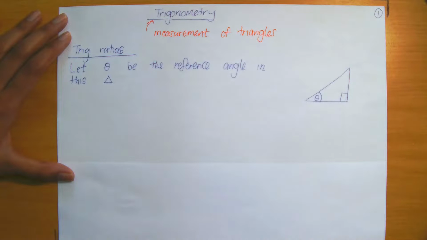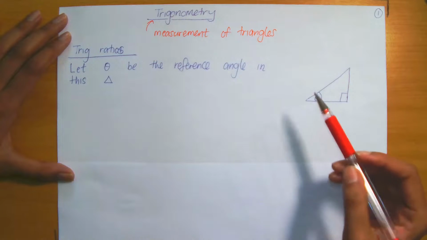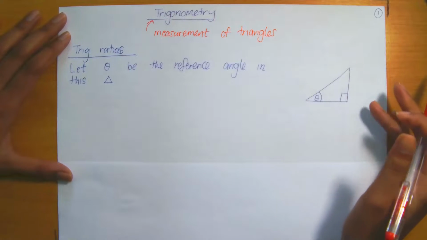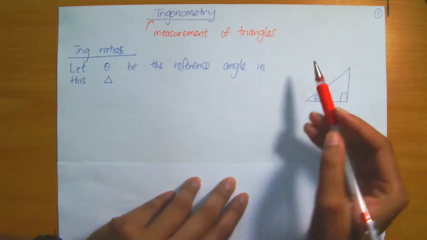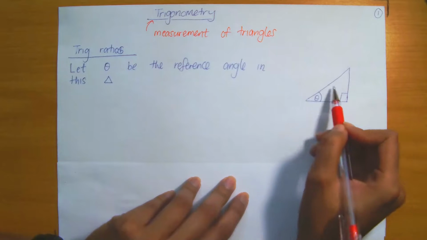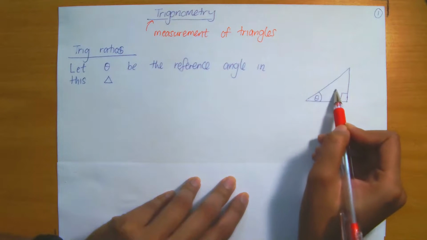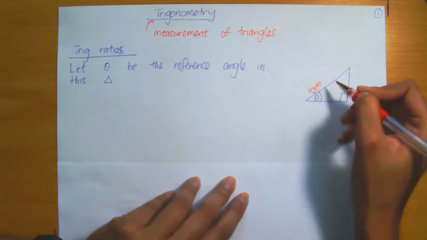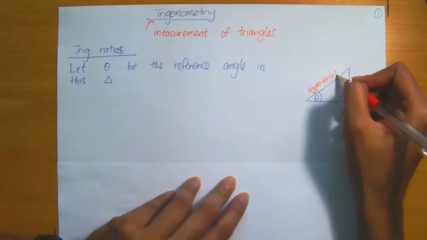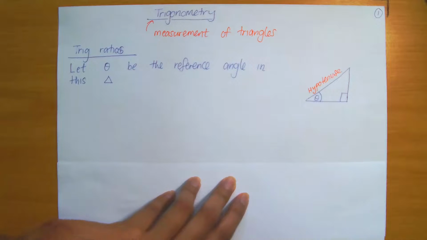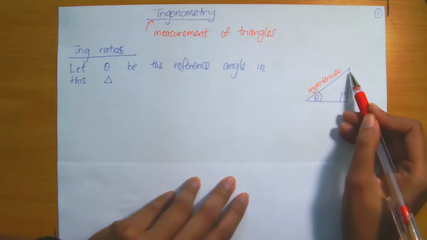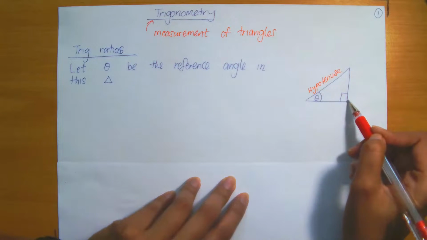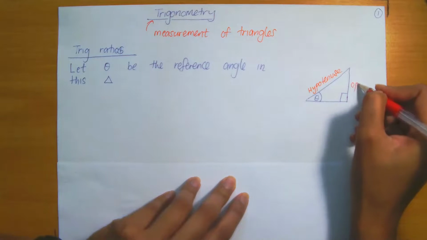The moment we have a reference angle, we then have definitions for the sides of this triangle. We say that the side opposite the right angle, which is this side, is called the hypotenuse of the triangle. The side opposite theta, meaning this side, is called the opposite.